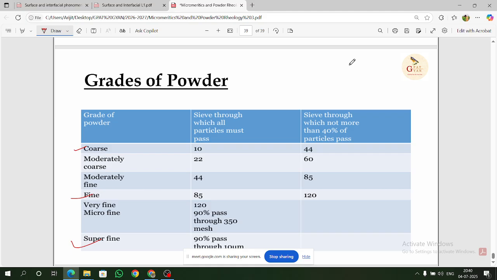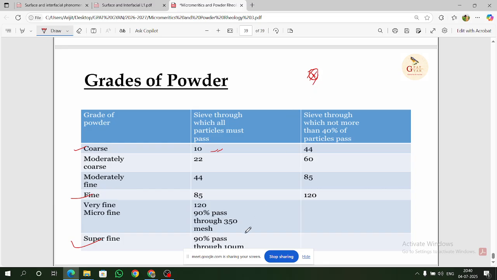Coarse fine means all the powder can pass through the 10 sieve. You can consider that 10 sieve means in 1 square meter 10 pores will be there. 22 means obviously the size will be a little bit less. The diameter of every pore will be a little bit less compared to 10.